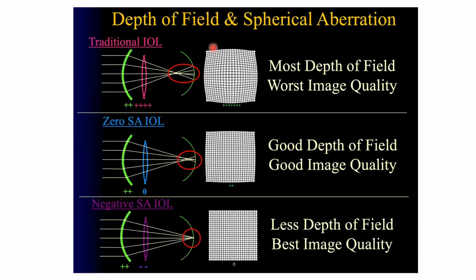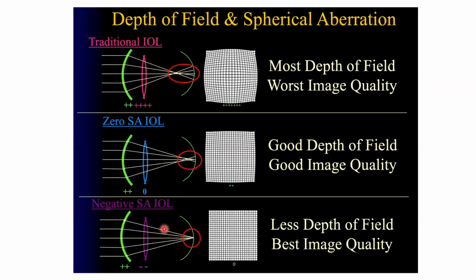So traditional IOLs have the most depth of field because of the positive spherical aberration, which adds on to the cornea's positive spherical aberration. However, it produces the worst image quality. A zero spherical aberration IOL gives decent depth of field and good image quality.